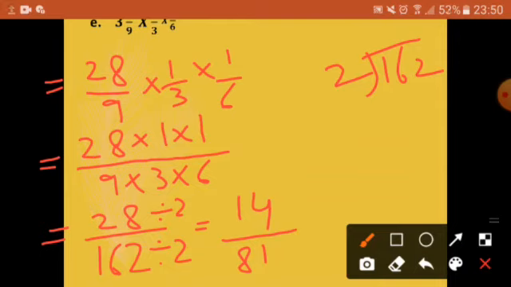Since 14 and 81 are not divisible by the same number, this is the lowest term, or you can say this is your answer for this question, because we have to find the common factor, common divisor of these numbers, which can divide both numerator and denominator exactly, without leaving any remainder. So 2 is used. Now there is no other factor, so we can stop our calculation.